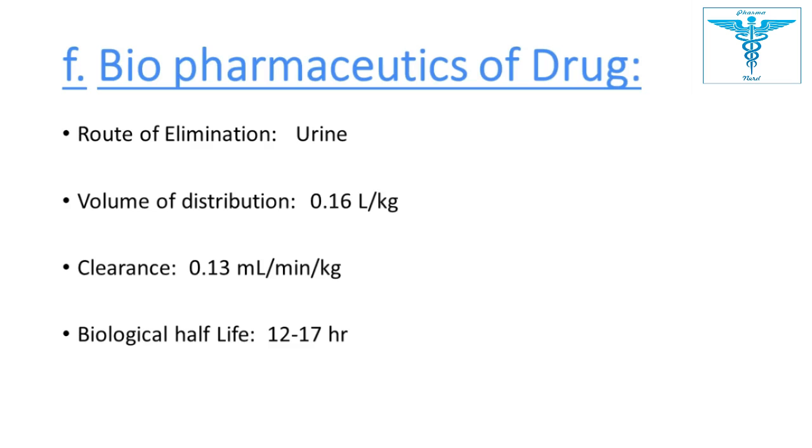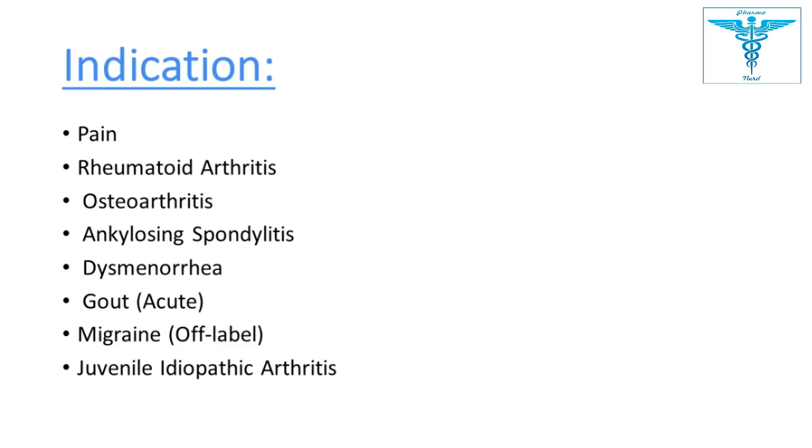Route of elimination: urine. Volume of distribution 0.16 liter per kg. Clearance 0.13 ml per minute per kg. Biological half-life 12 to 17 hours.